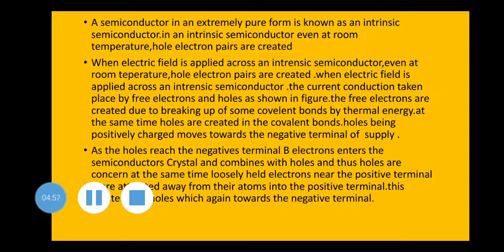As the holes reach the negative terminal B, electrons enter the semiconductor crystal and combine with holes, and thus holes are consumed.